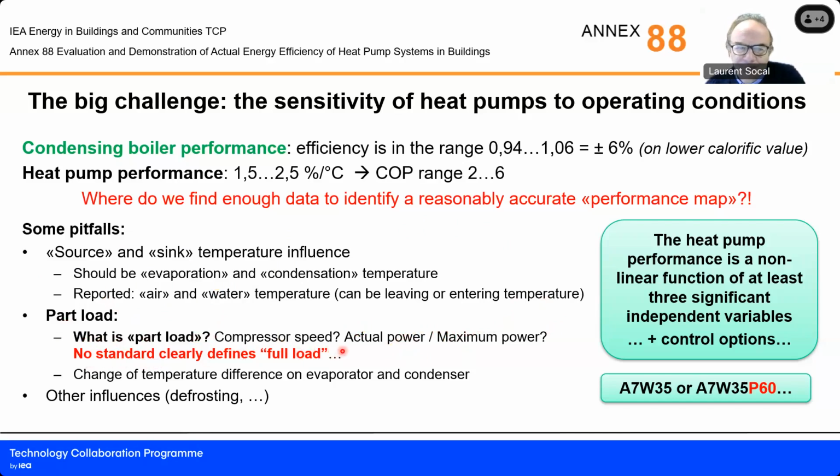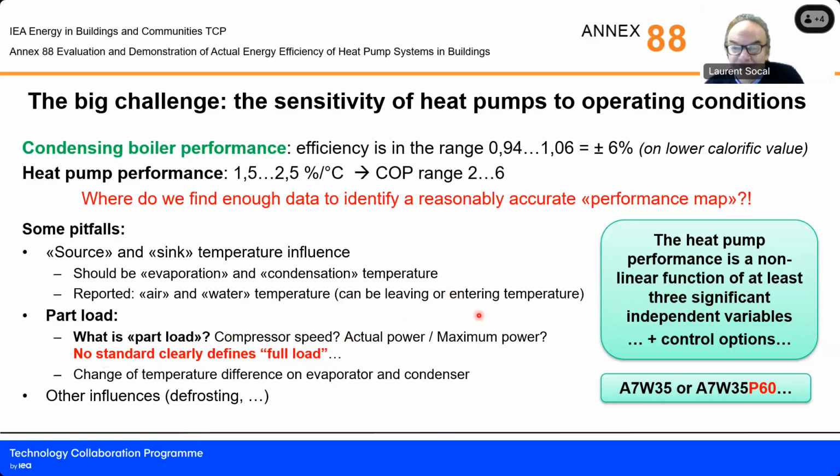For example, EN 14511, the European standard, and the corresponding ISO, they just define the nominal capacity, which is just the capacity declared by the manufacturer, which is usually the maximum, but not always. So these are things to be clarified. And just maybe anticipating something, you all know that heat pump performance is a function of at least 3 variables, the two temperatures and the part load.